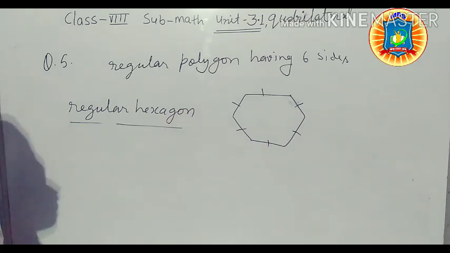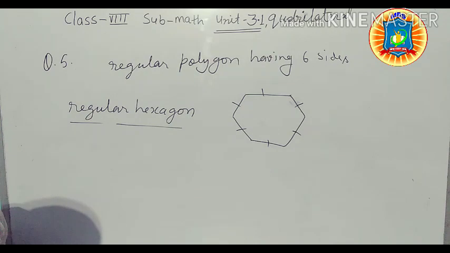Let's move to our next question, which is question number 6. Find the angle measure x in the following figures. There are some figures given and we want to find the value of x.